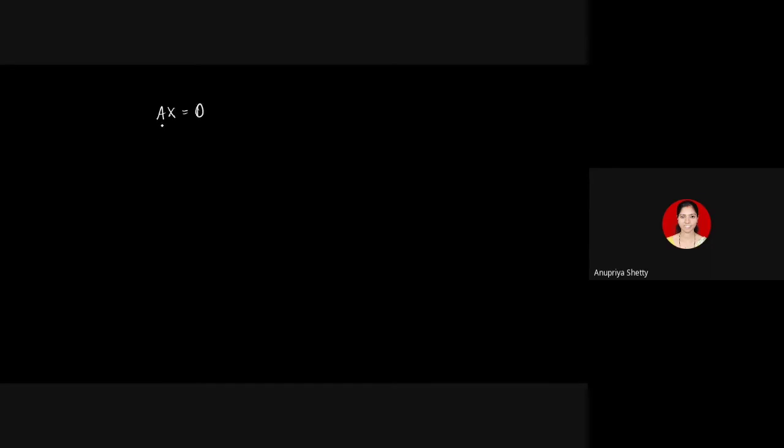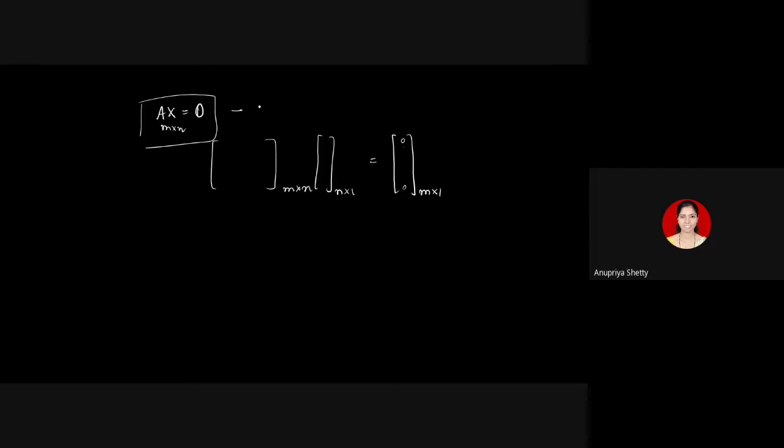If A is of order m by n, you'll have a matrix of order m by n, and you'll have a column with n unknowns, that is of order n by 1, and the RHS is a 0 column of order m by 1. There will be m zeros in it. So whenever we have the system of the form Ax equal to 0, it's called a homogeneous linear system or a system of homogeneous equations.